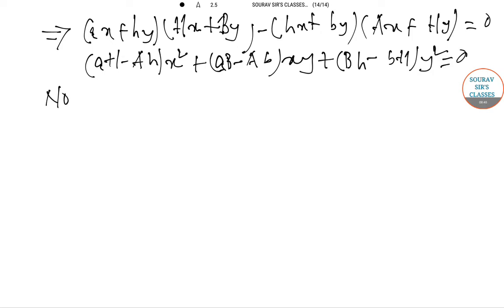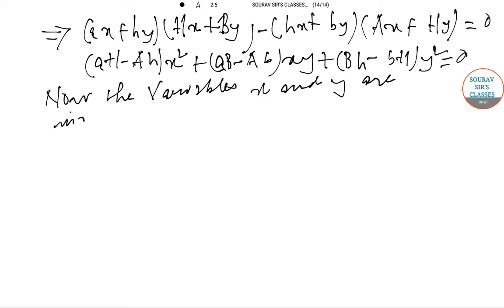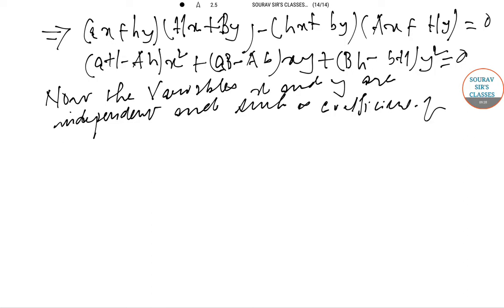Now the variables x and y are independent, and as such the coefficient of x square should vanish separately.